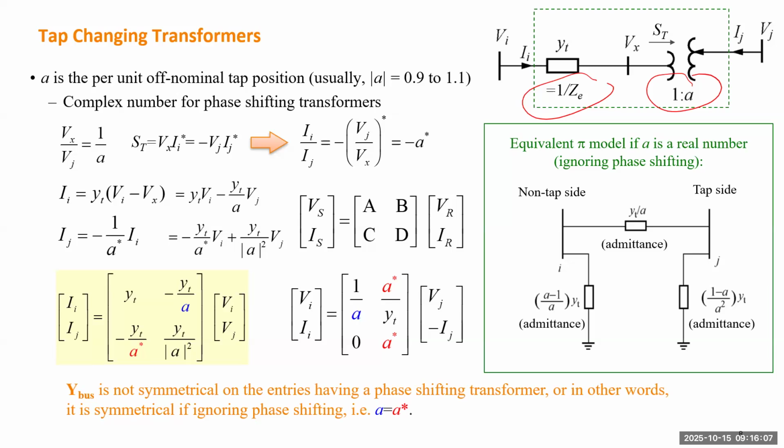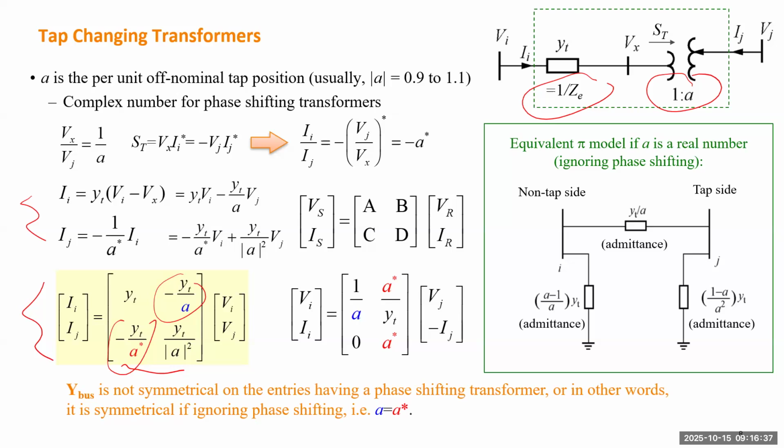Starting from Kirchhoff's voltage and current laws, we can have two equations, and we write them in this form, transforming the voltage vector on both sides to the current vector on both sides. So we'll have 4 elements, and those 4 elements will be added to the bus admittance matrix. One thing we notice is that those 2 elements are very close, but they're not identical, because A is the ratio.